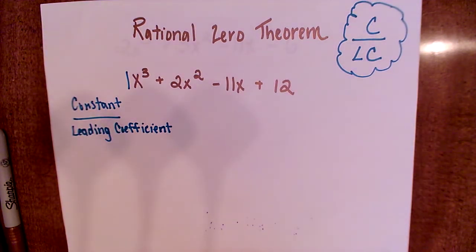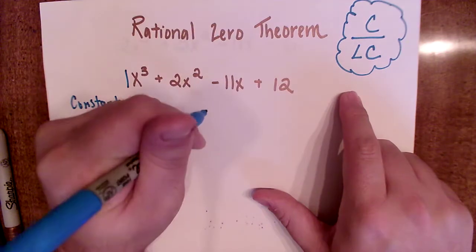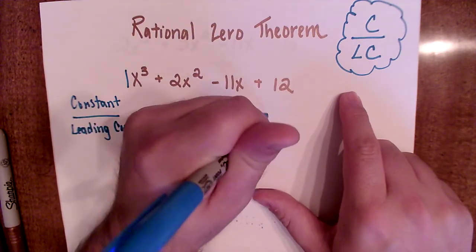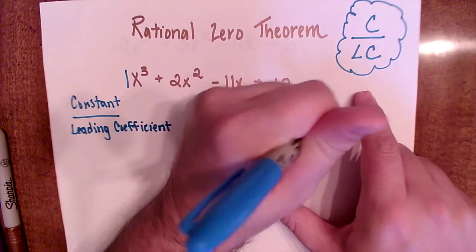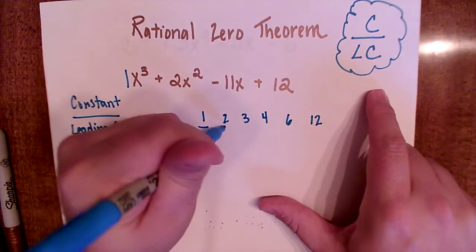Well, what I mean is it's the factors of the constant, which for 12 would be 1, 2, 3, 4, 6, and 12. These are all over 1.